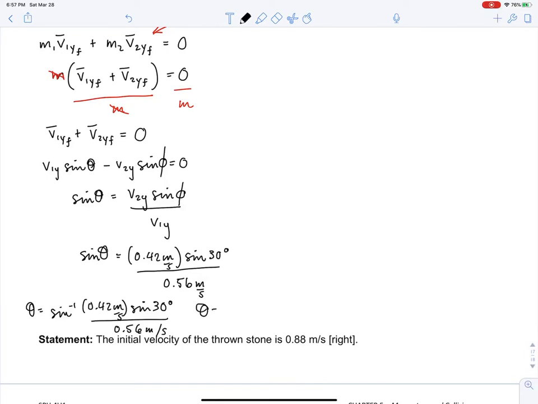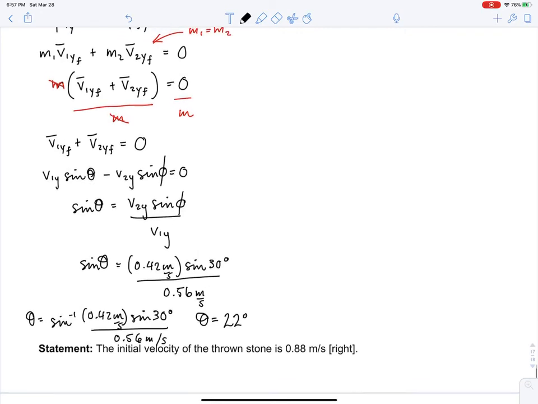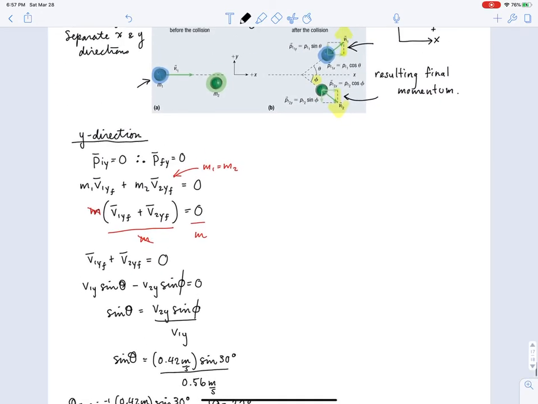And we punch this into our calculator and we get 22 degrees for theta. Let's take a look at our diagram and see what we've just determined. We've determined that this angle here is 22 degrees. Okay, now let's take a look in the x direction.